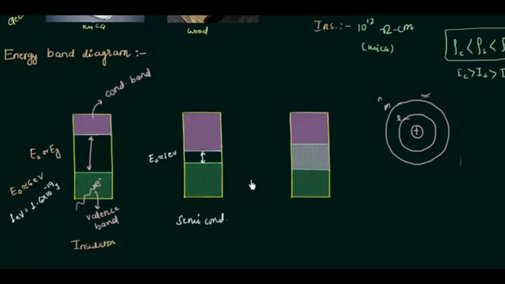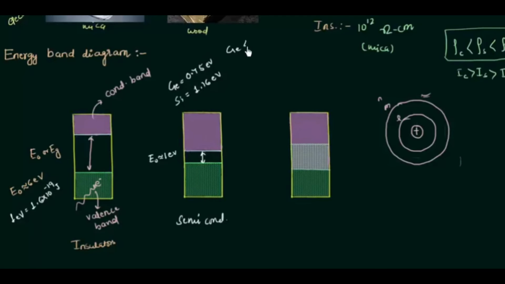And if I talk about germanium, then it is 0.75 electron volt, and in case of silicon it is equal to 1.16 electron volt. Now you might be thinking, why in case of germanium we have 0.75 electron volt as the forbidden band gap, whereas in case of silicon it is 1.16.